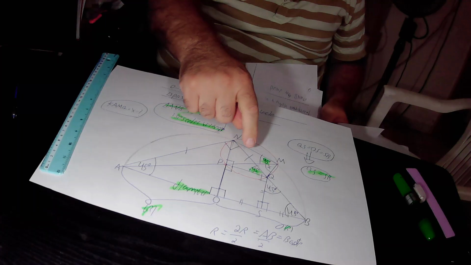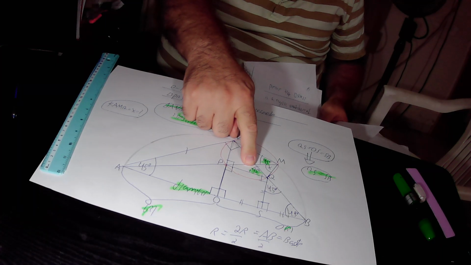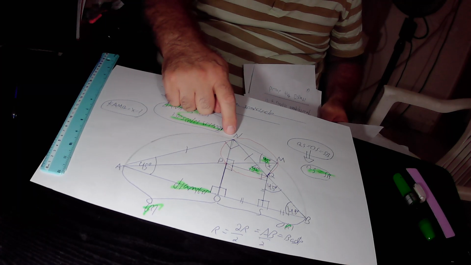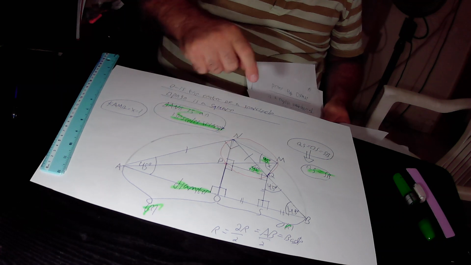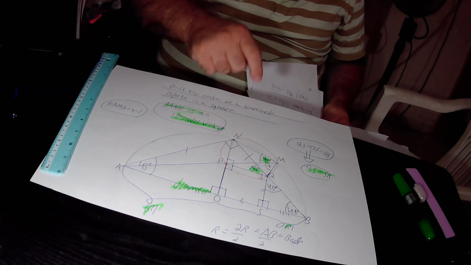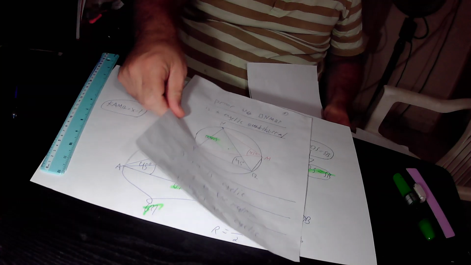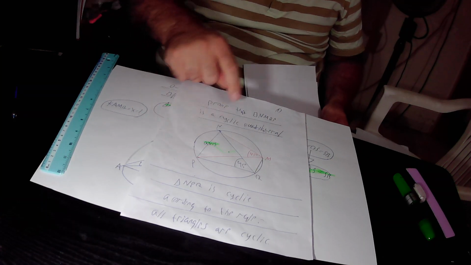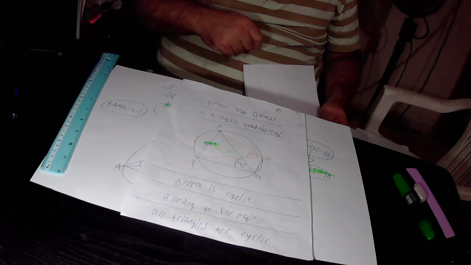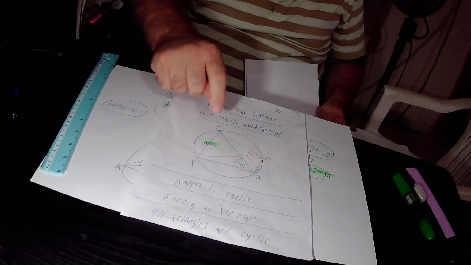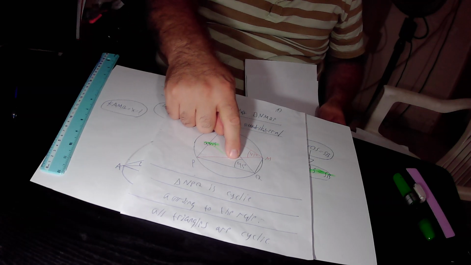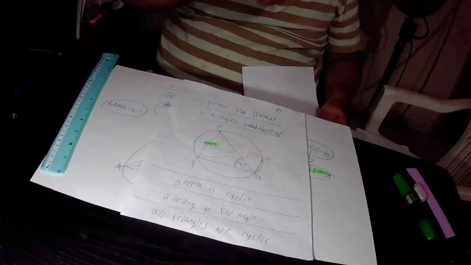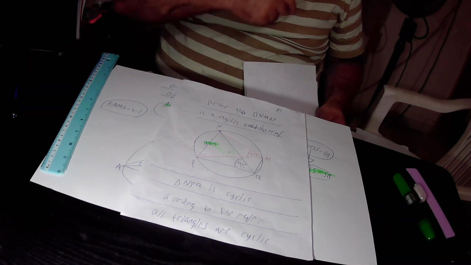In triangle NQP, angle NQP equals 45 degrees and it subtends on the base NP. So I copied triangle NQP onto a new page. This is triangle NQP that I copied from the original drawing. Angle NQP is equal to 45 degrees and it subtends on the base NP.